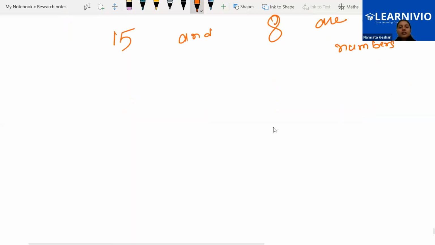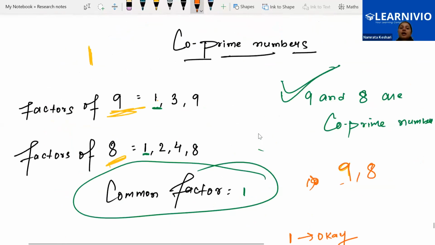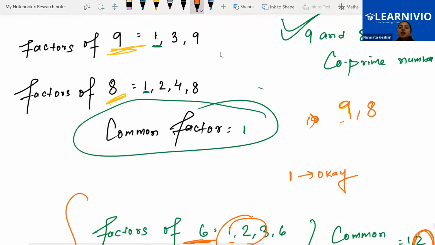Yes, ma'am. Now, co-prime numbers, when written as a fraction, like 15 by 8, we won't be able to cancel it. It is not possible to cancel it. Similarly, in the first example, we concluded that 9 and 8 are co-prime numbers.